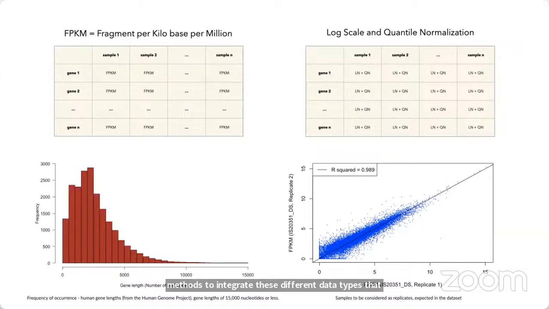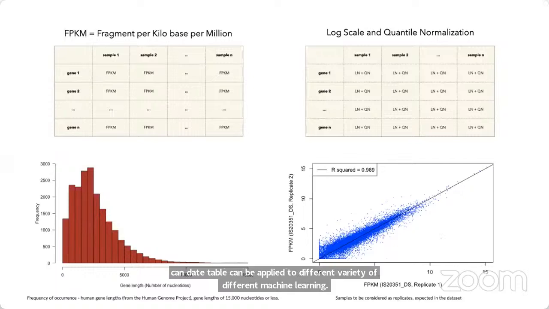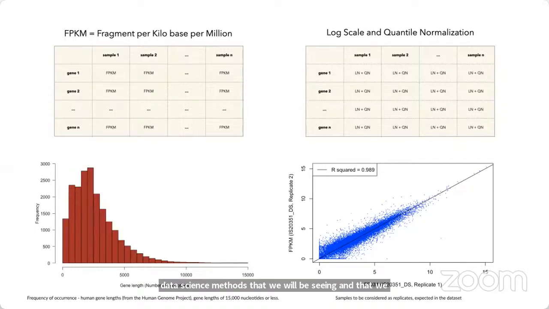At the end of proteomics data analysis also, if you get a structured table, then that structured table can be applied to a variety of different machine learning and data science methods that we will be seeing and performing in this program.